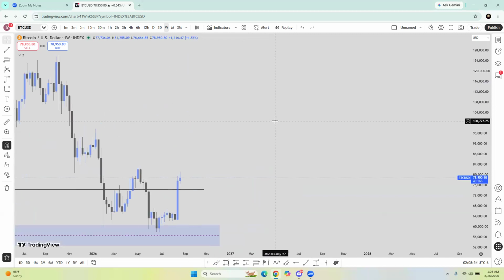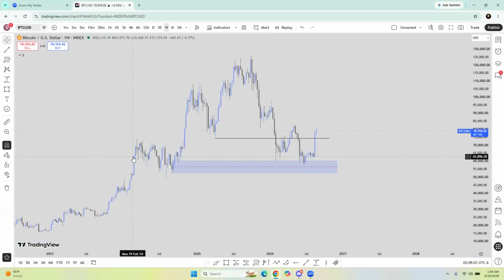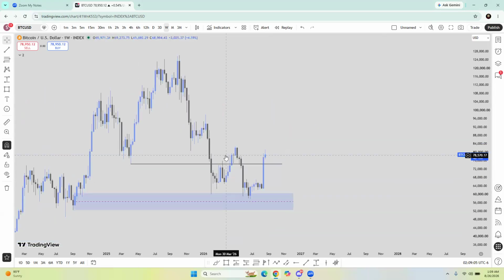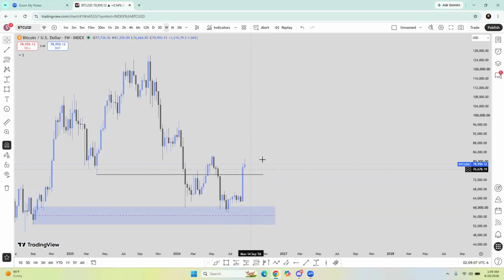But once you see this range, then lower low, lower high, lower low, lower high, lower low. This is a lower high zone. So overall, things are in a bit of resistance where people are offloading their bags. That's why price kept stalling here.